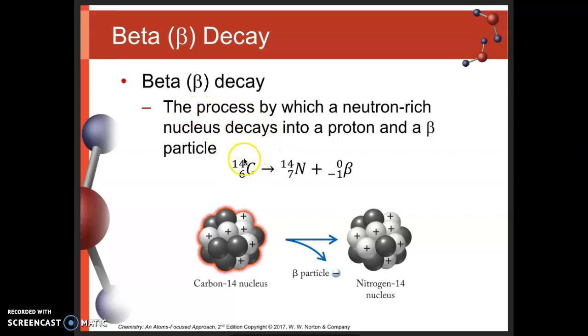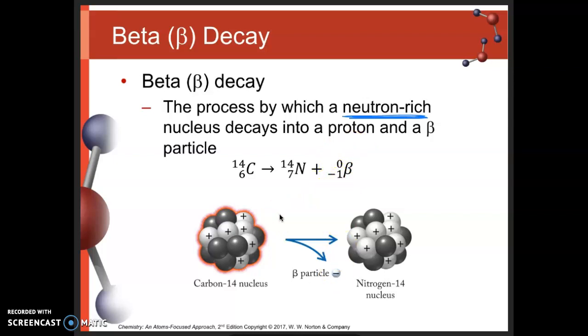What we get here is this process occurs particularly in neutron-rich environments. We get a neutron that turns into a proton, and we get a negatively charged beta particle coming off it.